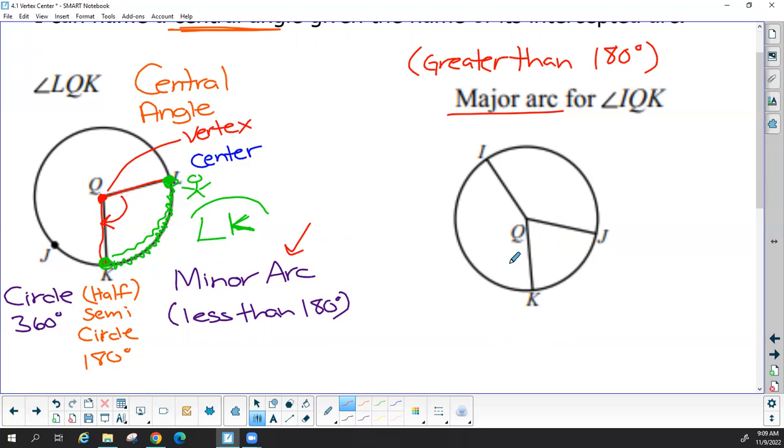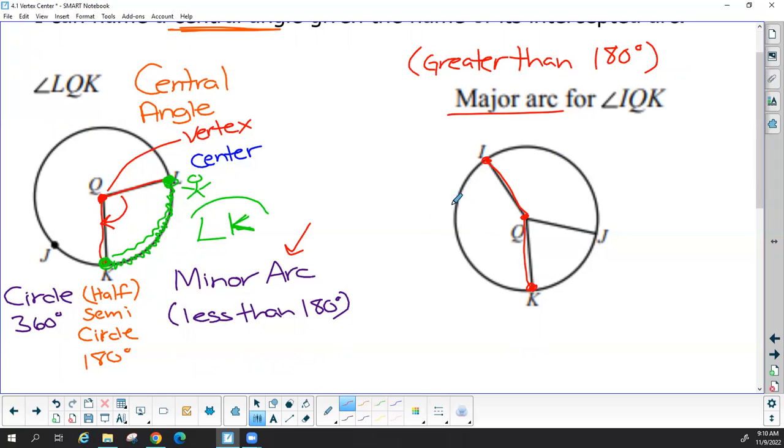So if I were to want the major arc for this angle IQK, first I'm going to find IQK. I'm going to start at I, go to Q, stop at K. The major arc would be the arc that's formed that's more than half of the circle.